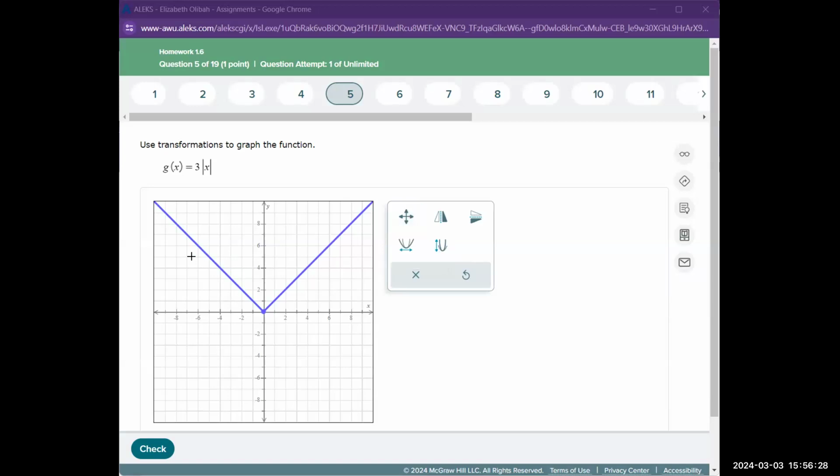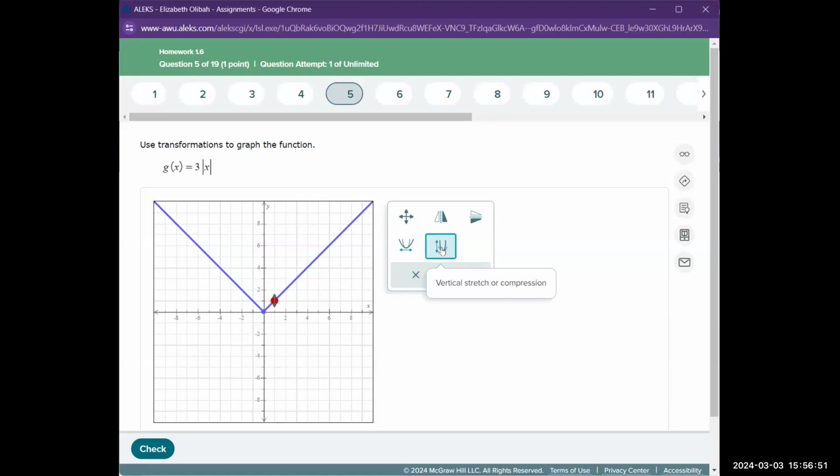Translation's not going to work because it's going to keep this graph the exact same shape and just move it left, right, up, or down. So this is where these two come into play. Doesn't it look like this one has the arrows going left and right? So this button is for if I want to do a horizontal stretch or compression. And this one is if I want to do a vertical, which is what I want.